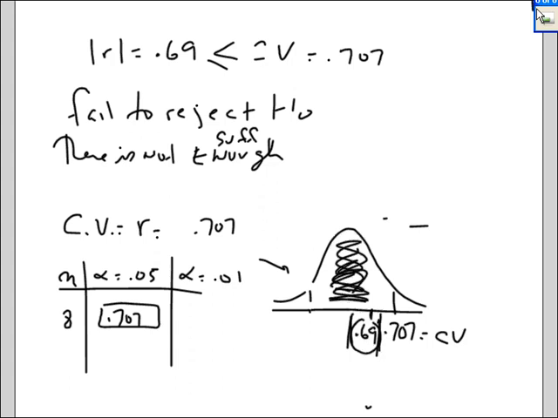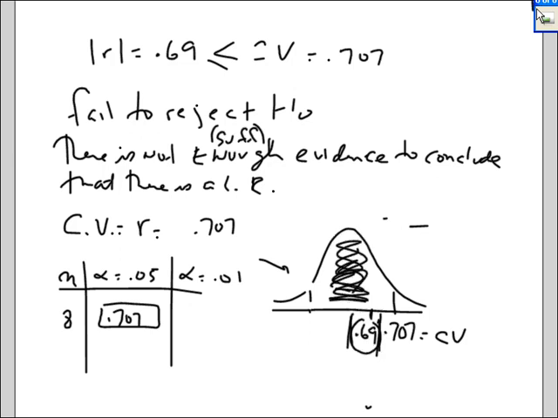Sufficient is the same as enough. There is not sufficient evidence to conclude that there is a linear correlation. We cannot conclude that there is a linear correlation.